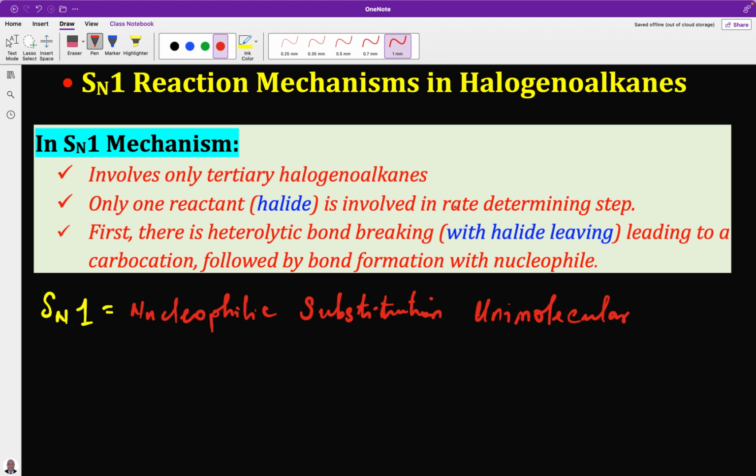This is followed by bond formation with the nucleophile, that is a nucleophilic attack.